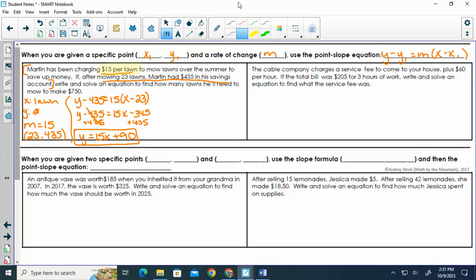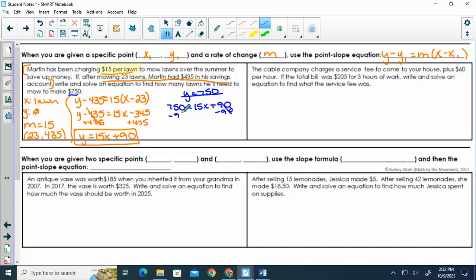All right, now we insert the question. We want to find how many lawns he'll need to mow to make $750. So dollars is my y. So my y is 750. So we plug that in. So 750 equals 15x plus 90.